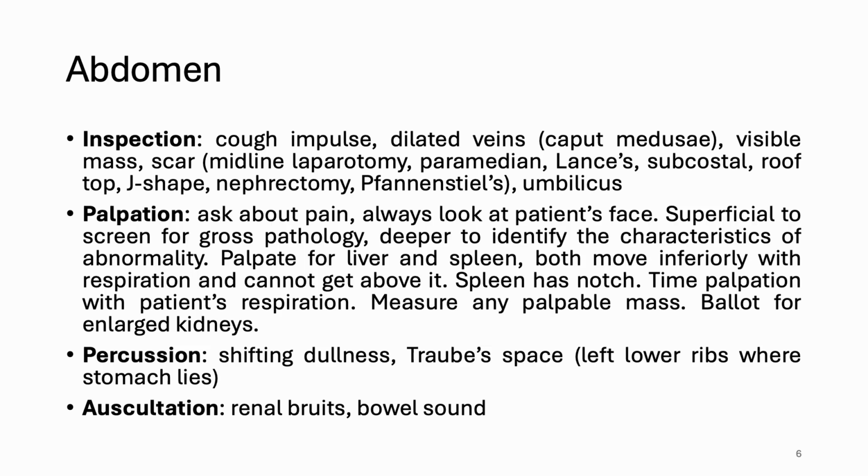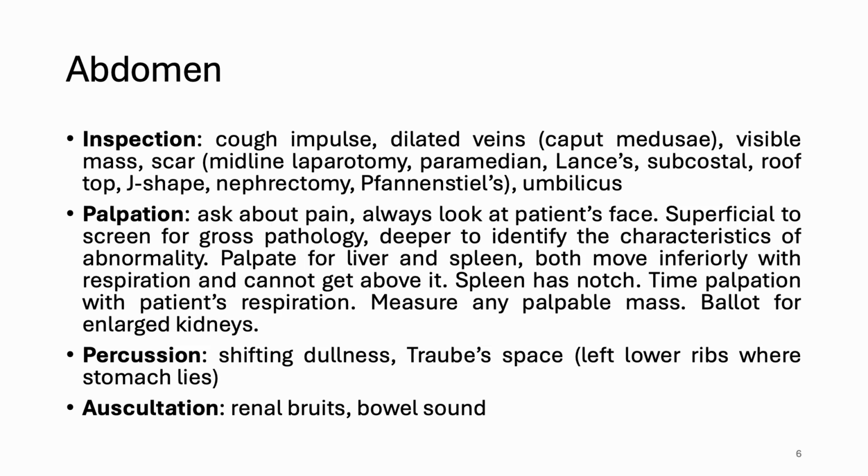Both liver and spleen move inferiorly with respiration, and you cannot get above them. And characteristically, the spleen has a notch. You should time palpation with the patient's respiration and measure any palpable mass for its size. And lastly, you should look for any enlarged kidney.